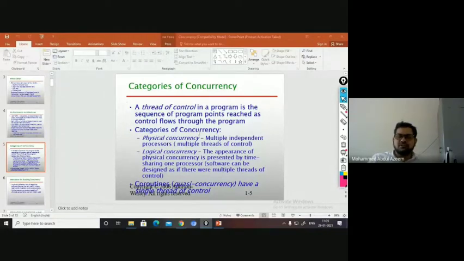Logical concurrency. The appearance of physical concurrency is presented by the time sharing of one processor. Software can be designed as if there were multiple threads. So logical concurrency is what we take to the programming language level to implement, and we could devise our programming in such a way that we achieve this logical concurrency in our programs to increase the throughput of our system, right?